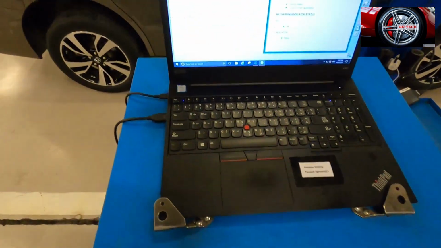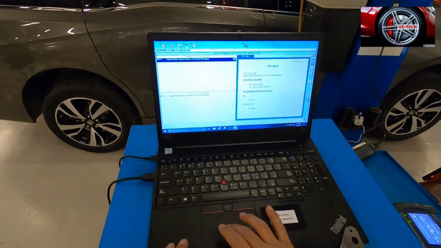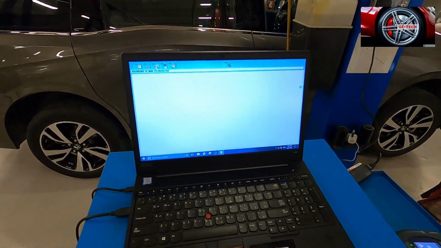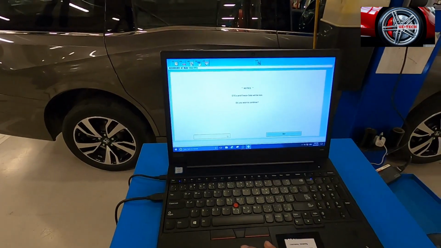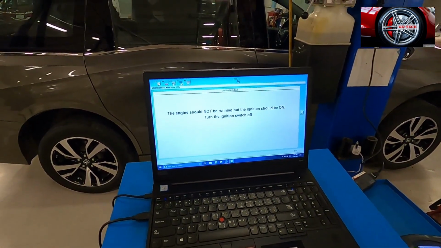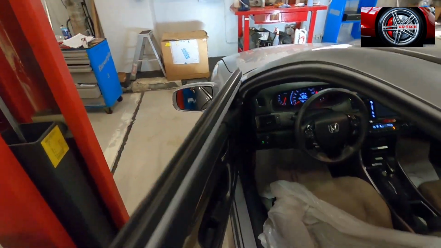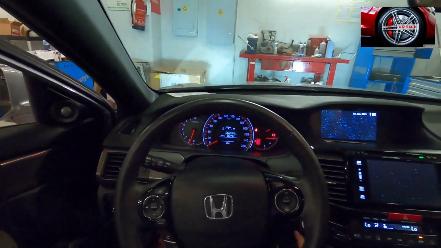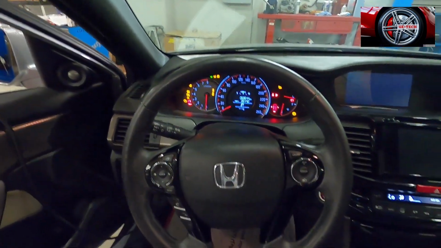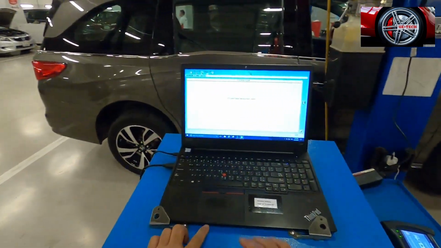So let's try to erase it. Okay, we will try to erase it and turn the ignition on, so that we can clear it.